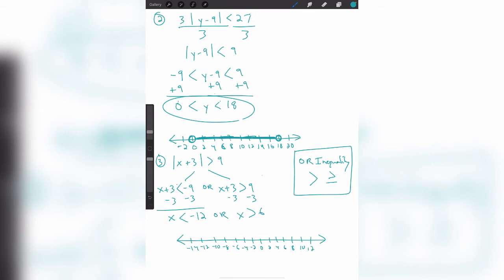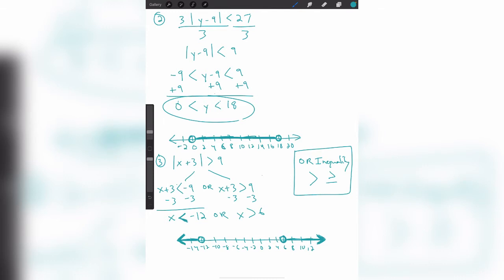All right, so all the values that are less than negative 12, so I'm going to have an open circle, and all the values that are less than, so all the way to negative infinity, so I have to cover that arrow. And then all the values that are greater than 6, so I'm going to have an open circle here, and all the values that are greater than 6, all the way to infinity, so I include that arrow.